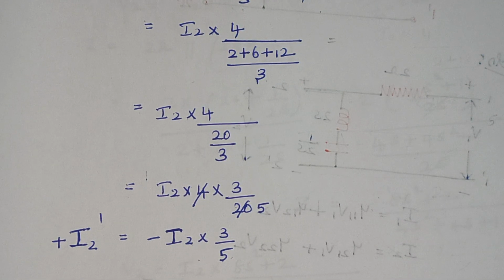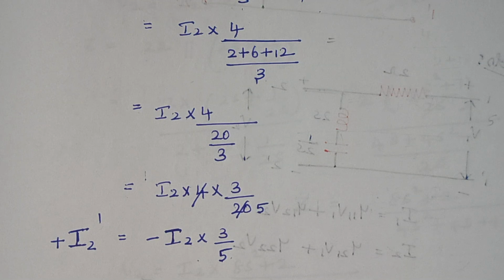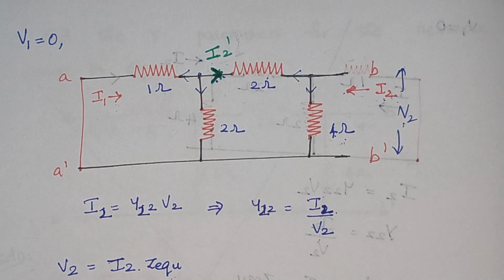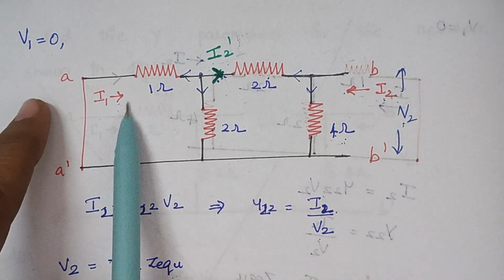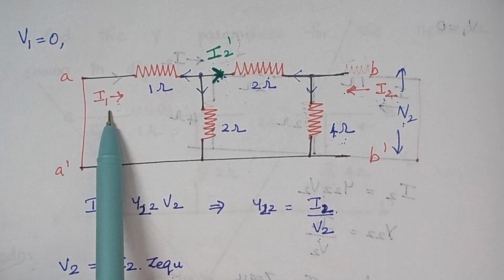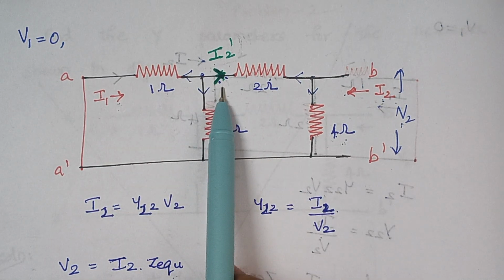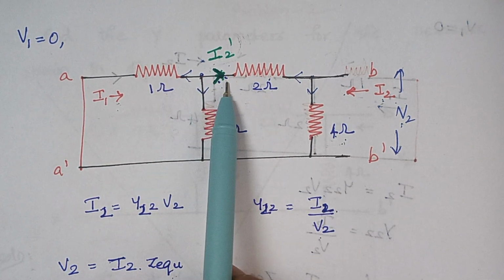Now we are going to calculate I1. We need to find I1. I1 is nothing but I2 dash, right? Because this is the current that flows here.